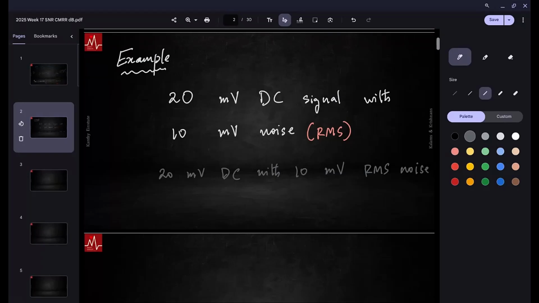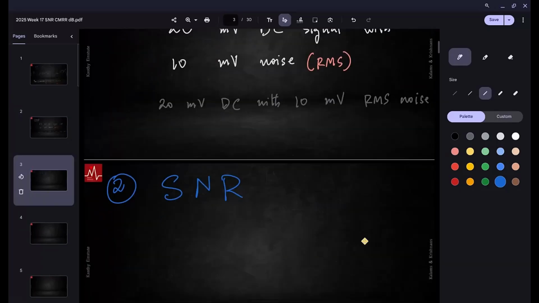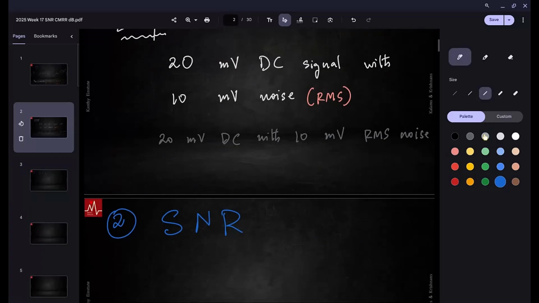So first question, what is the SNR corresponding to this? What is the SNR? Signal to noise ratio.